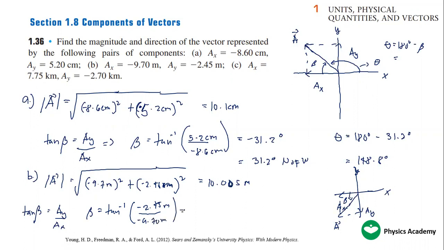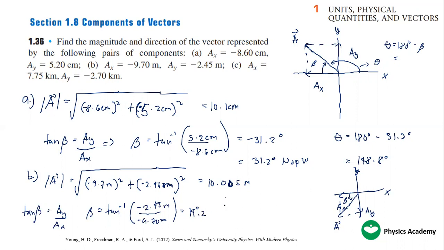Shift tangent to the negative 1 of 2.45 over 9.7, so we have 14.2 degrees.